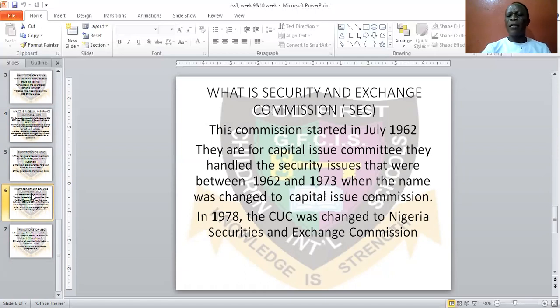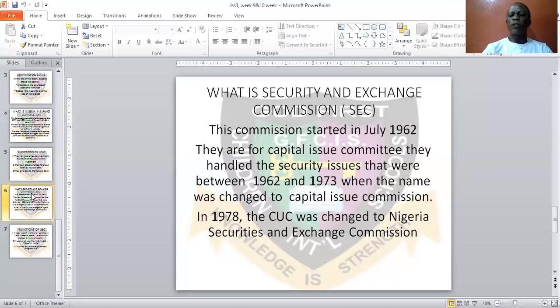Capital market is a market where buyers and sellers engage in trade of what? Of finance activities like bonds, stocks, and exchange. That is what capital market is.